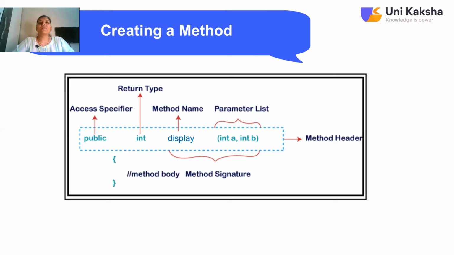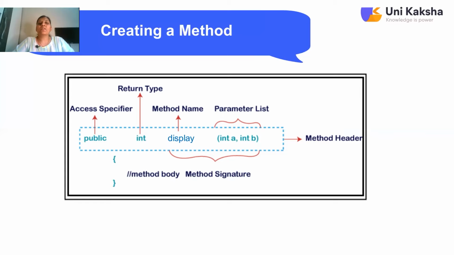The access specifier must be included. Second is the return type. It can be any data type, or it can be void. If your method is returning something to the program, then you have to write the specific data type as the return type. If it is not returning anything, then it will be void.